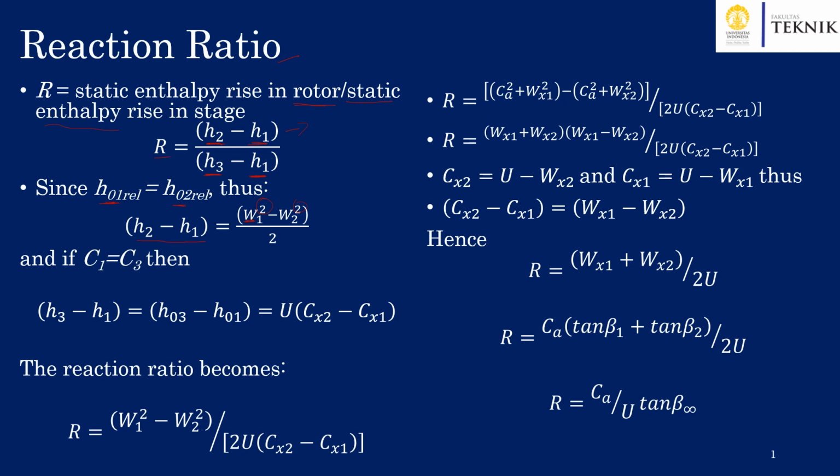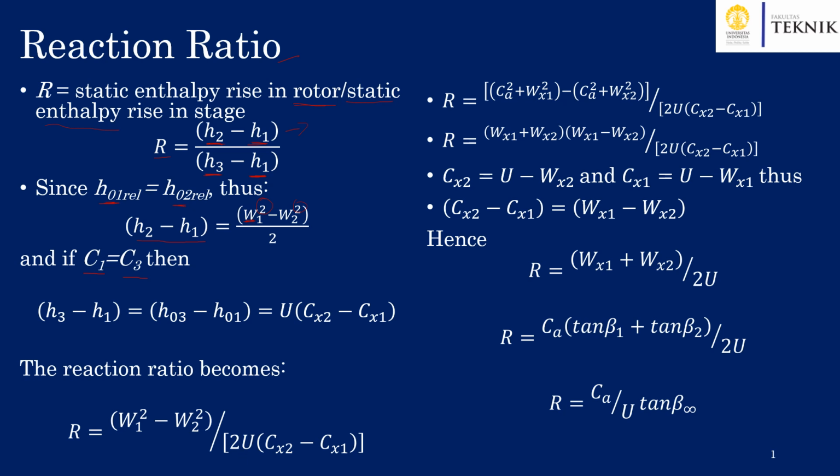W1 to the power of 2 minus W2 to the power of 2 divided by 2. As we are working with axial flow machines, we know that the absolute velocity at the inlet of the rotor is equal to the absolute velocity at the outlet of the stator. So C1 is equal to C3.